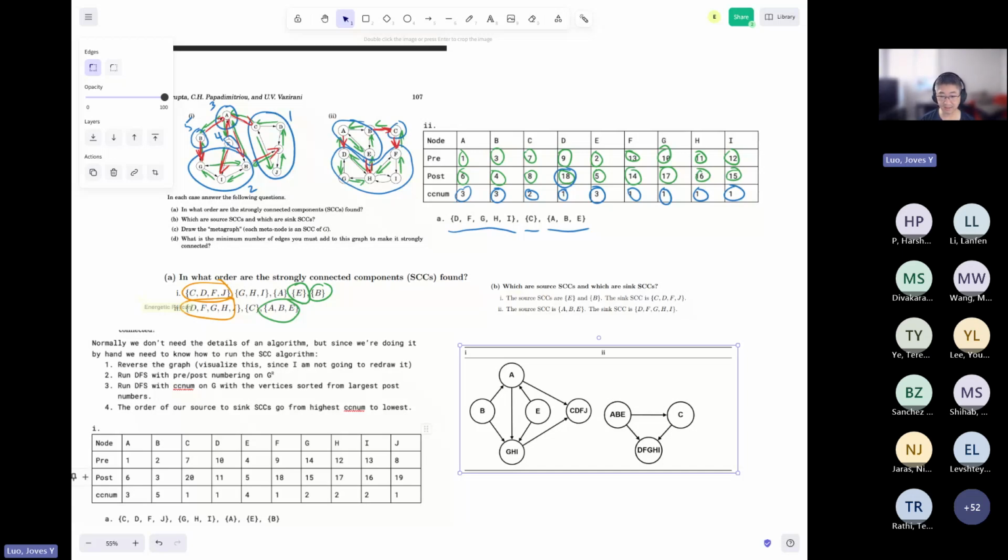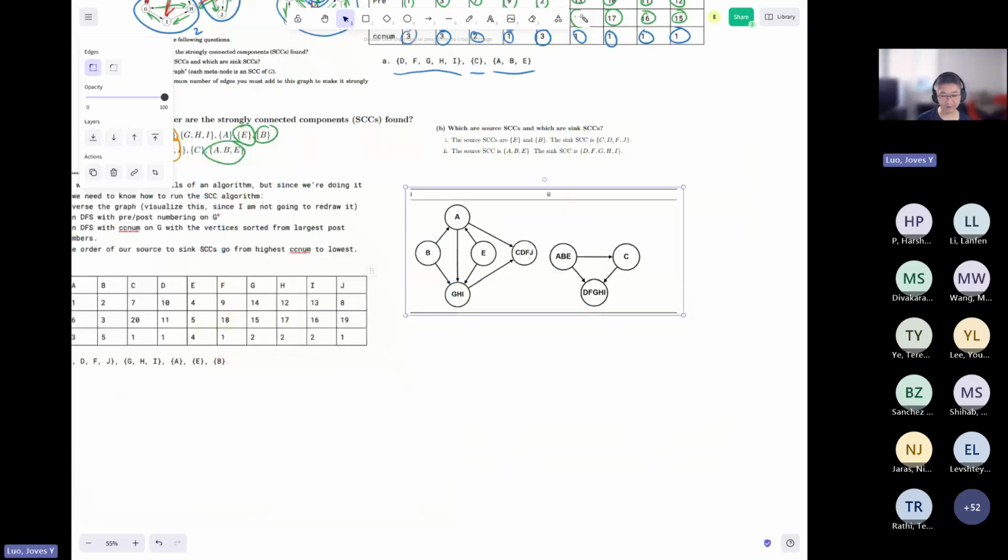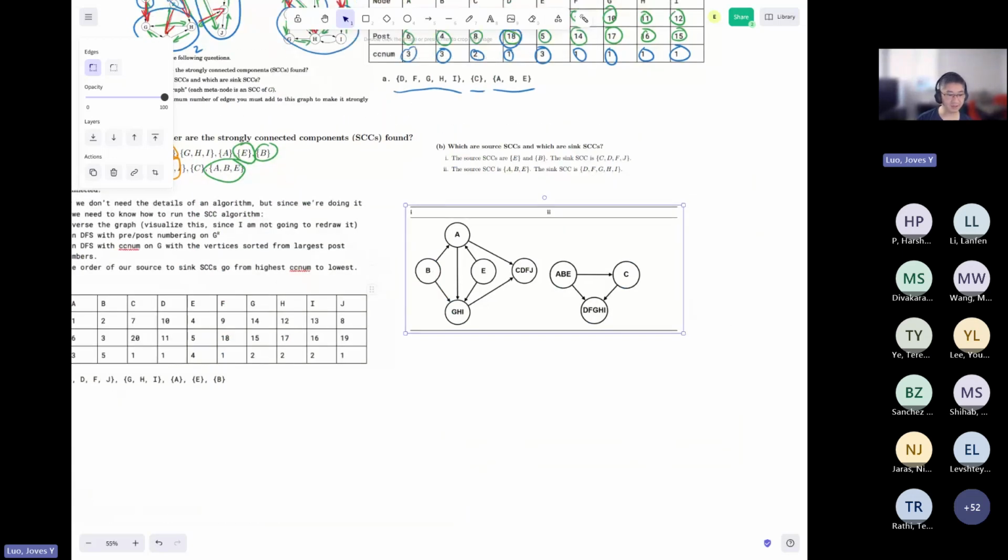Then part D says, what is the minimum number of edges you must add to this graph to make it strongly connected? Oh my gosh. All right, let's see. So you only have to look at the metagraph, it turns out, right? You don't actually have to look at the full graph anymore.